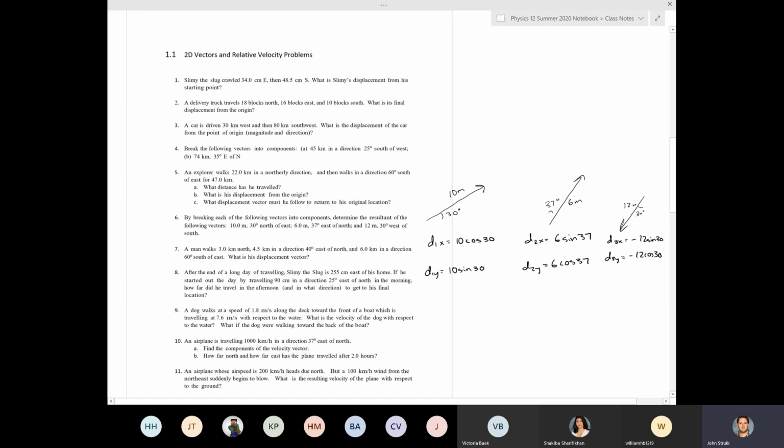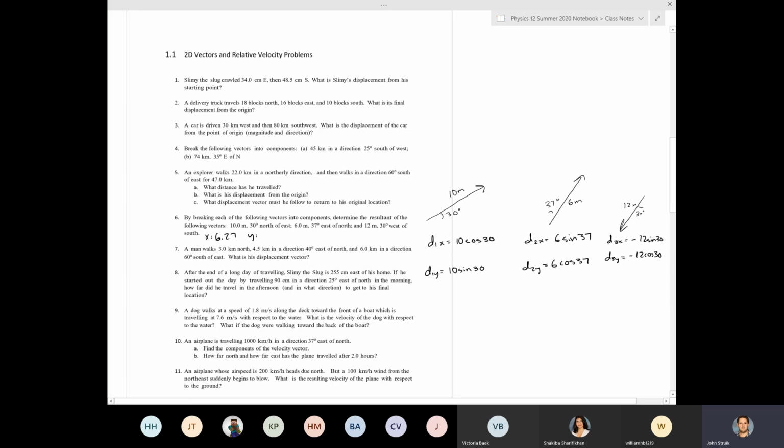So if you add them all together, 10 cos 30 plus 6 sine 37 minus 12 sine 30, you get 6.27. So that's the x.